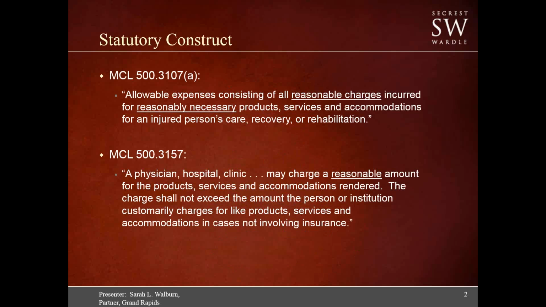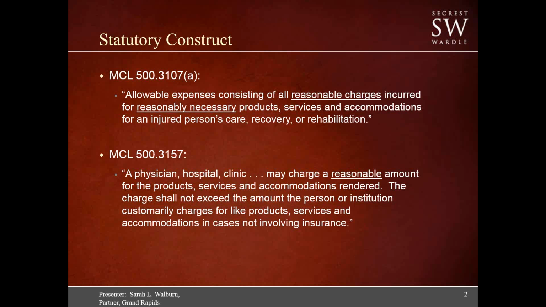As you know, we have two primary sections of the No-Fault Act that are applicable for provider suits. Primarily, it's MCL 500.3107 and 3157. I have the statutes up here on the screen. 3107, of course, is the statute for the reasonable charges incurred for reasonably necessary products, services, and accommodations for the injured party's care, recovery, and rehabilitation. 3157 is about the charges.